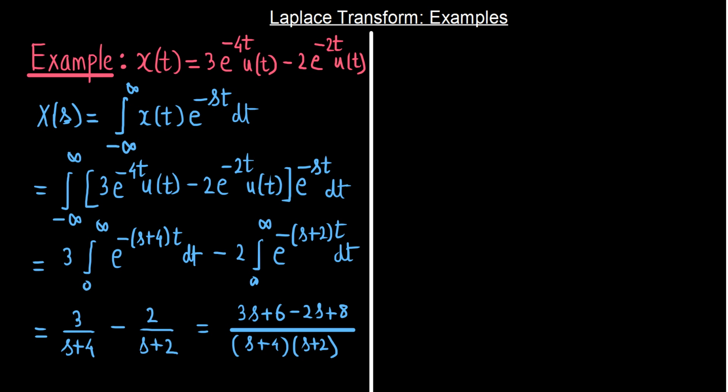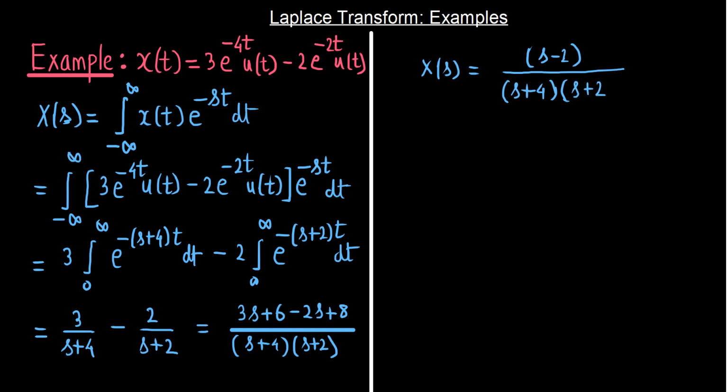The expression is x of s equals s minus 2 divided by (s plus 4) times (s plus 2).